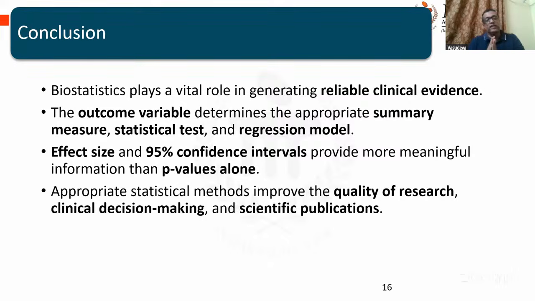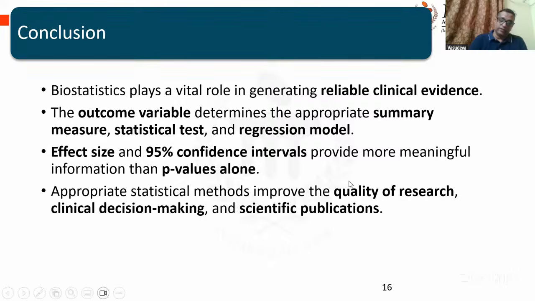These we call effect sizes, and you should have a clear idea of them, because later, when a speaker talks about systematic review and meta-analysis, they are going to use this. So you have to clearly report the effect size and the 95% confidence interval along with the p-value, so that your interpretation will be much more useful.